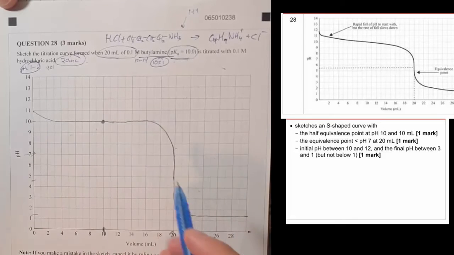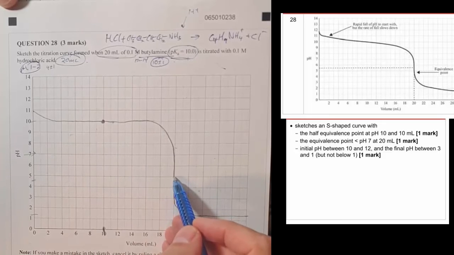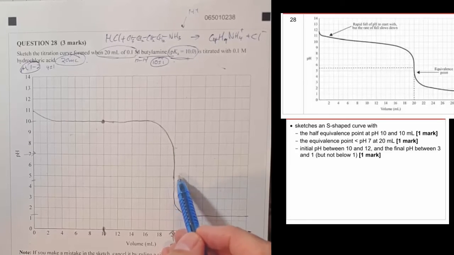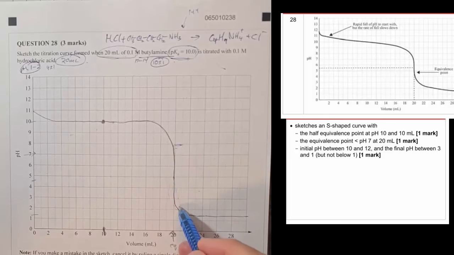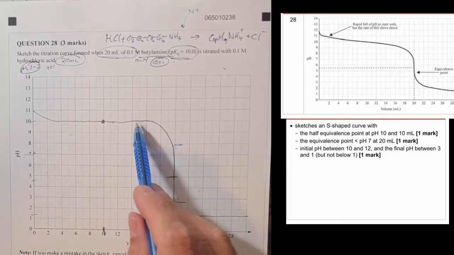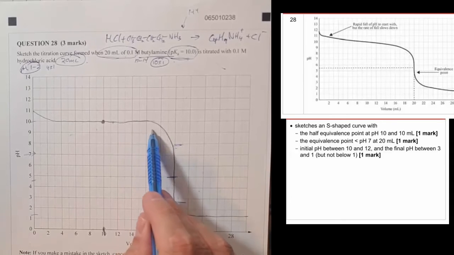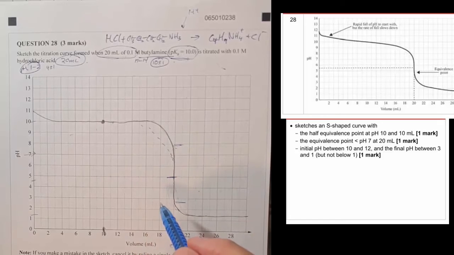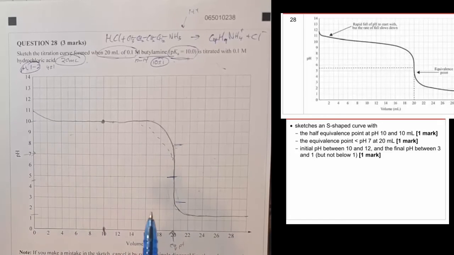Equivalence point is less than 7 at 20 mL. So yeah, that's fine. It drops off here and then goes here, which is still about what we're aiming at. Maybe I should have dropped that and done a bit better, but they didn't really do it that much either.